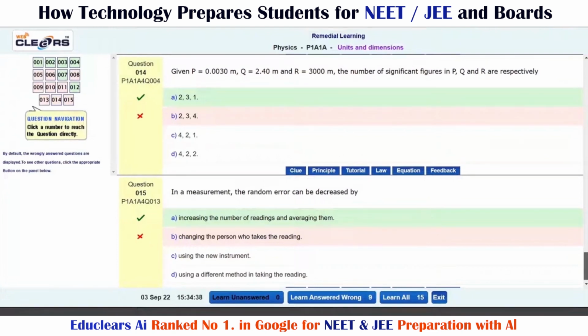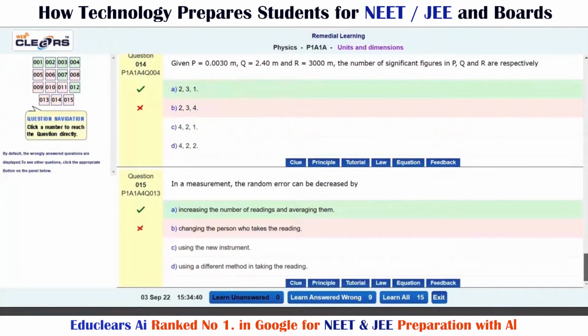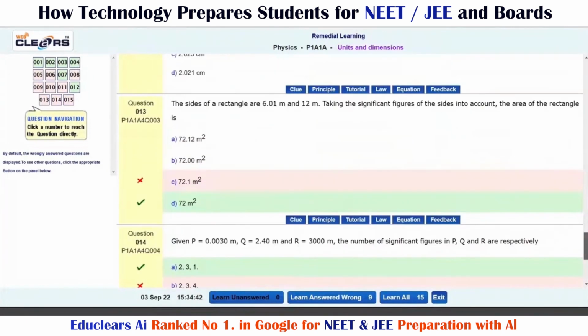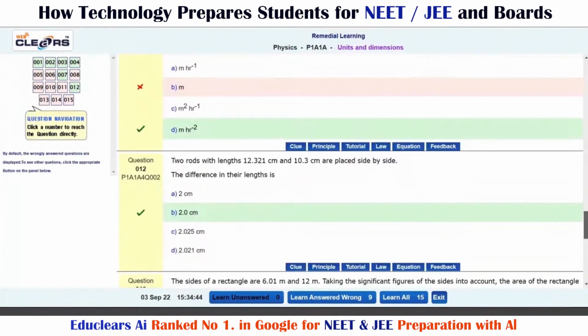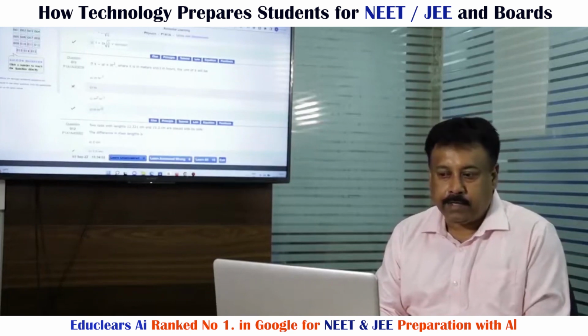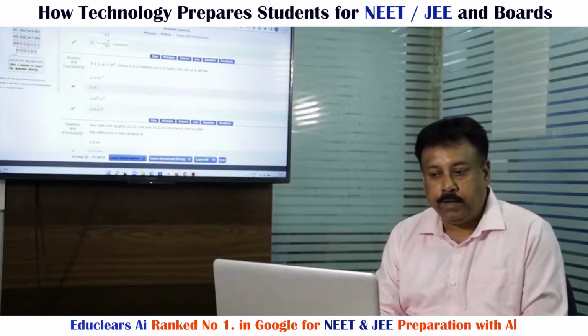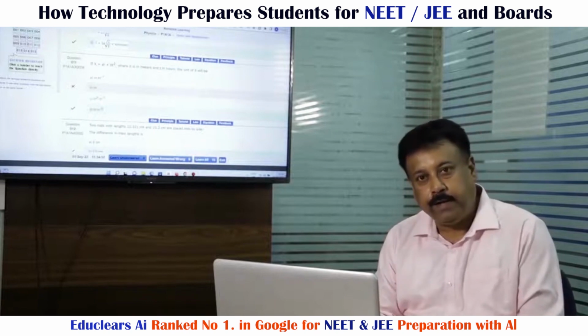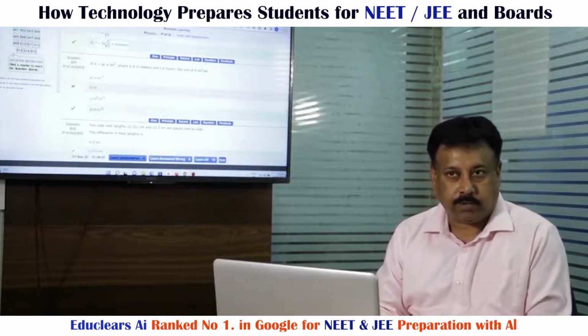But unfortunately, it is not true, because the student has to study properly those areas where he has gone wrong. Let us see how Educlears has their unique way of clearing the doubts to each question.